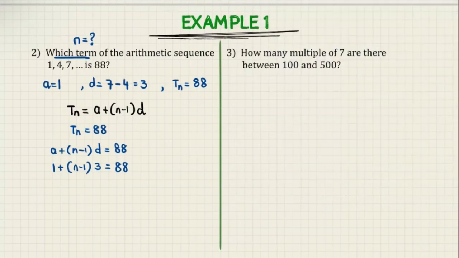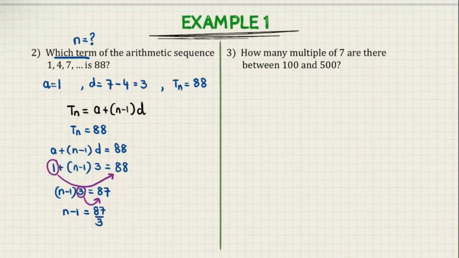Okay. So pindahkan 1 ke bahagian kanan. So I get n minus 1 times by 3 equals to 87. Kan? 88 tolak 1 dapat 87. Kemudian kita pindahkan 3. So dia akan jadi n tolak 1 sama dengan 87 bahagi 3.